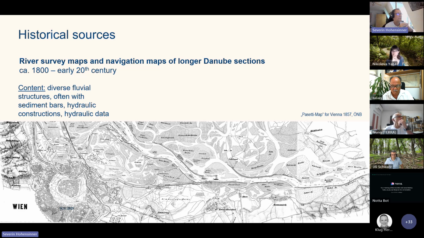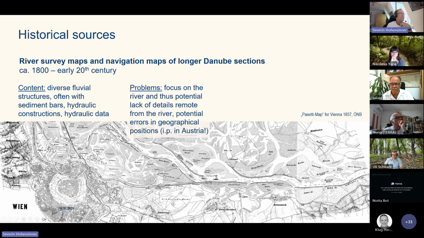They show diverse fluvial structures, often with sediment bars. We have a lot of sediment bars indicated here. Then hydraulic constructions. Okay, it's clear, it's the purpose of such maps, a lot of hydraulic constructions. Hydraulic data like water depths, in this case also flow velocities, and so on.